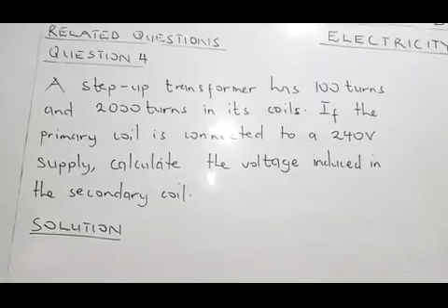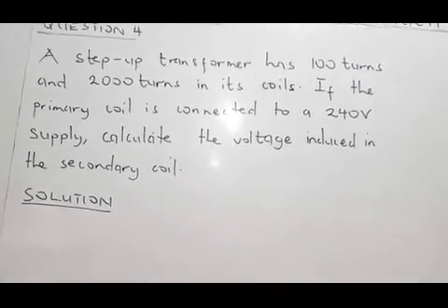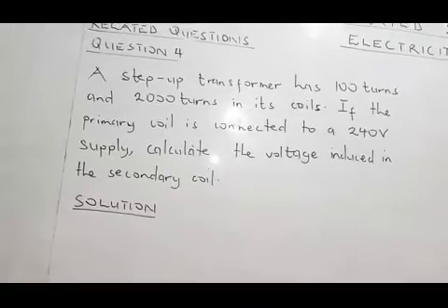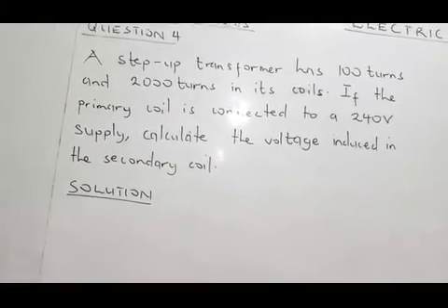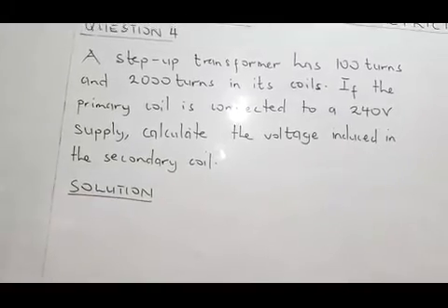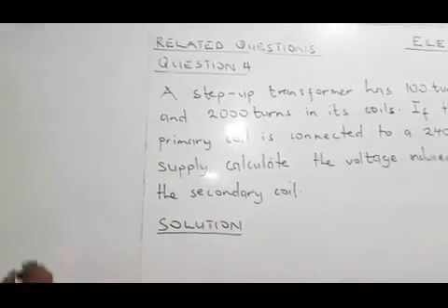This one we have two turn values given, 100 turns and 2000 turns. One of them is the primary, one of them is the secondary. And the transformer is what? A step up. So for a step up transformer, what's the relationship between the number of turns?